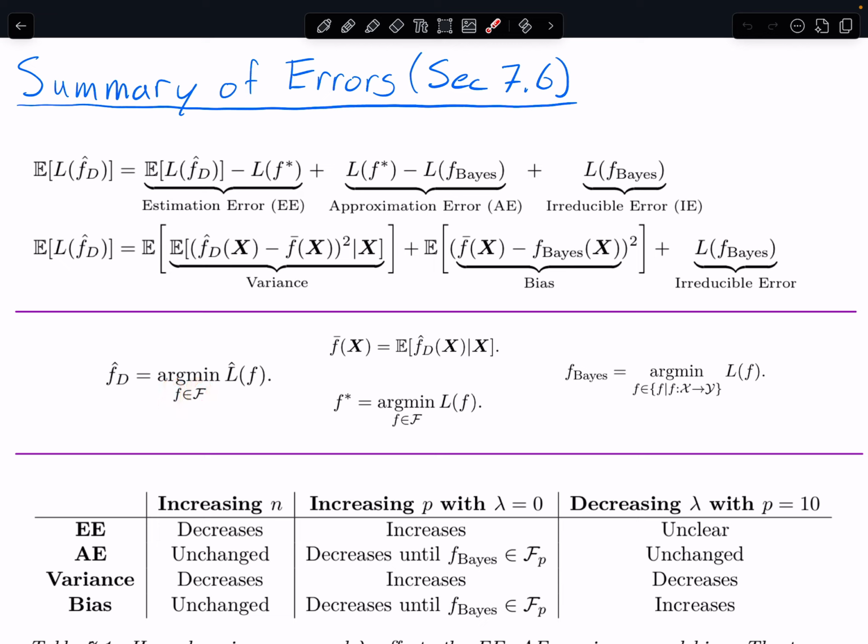Okay, then there are these two other predictors. There's the f star, which is considering the same function class as what your ERM learner would be looking at, except now it's actually minimizing the true expected loss. So this is the difference between the two. And then there's this f bar predictor, which is called the average predictor or the expected predictor.